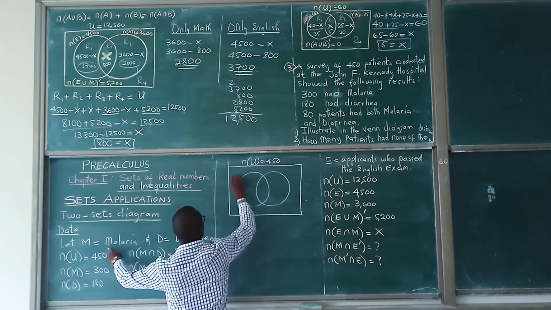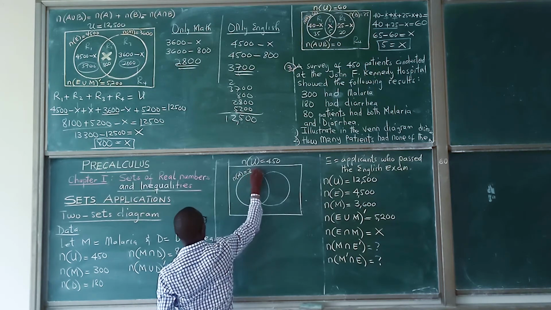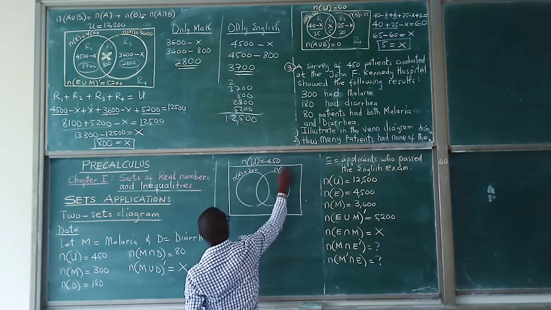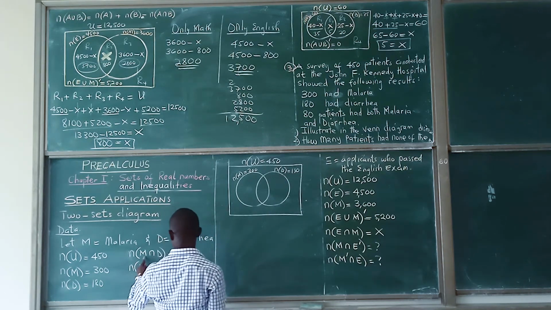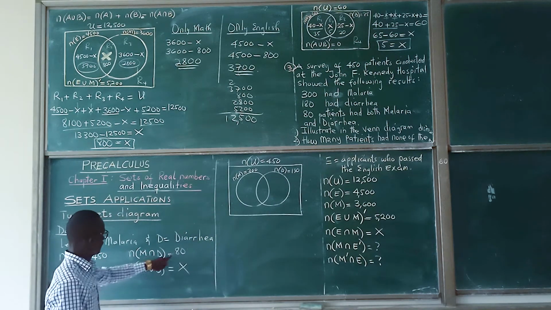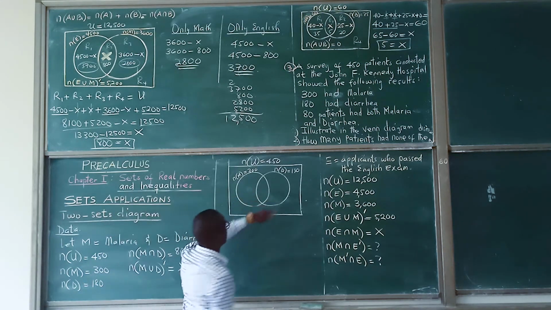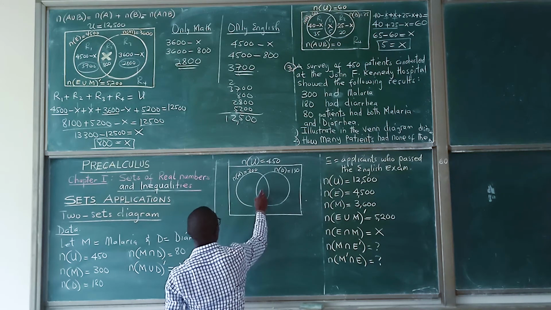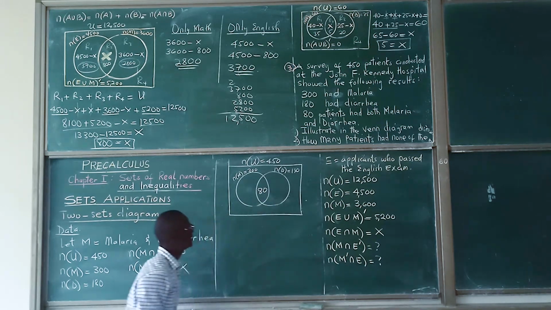Let this side equal malaria, which is 300, and let this side equal diarrhea, which is 180. And we also notice that 80 patients had both malaria and diarrhea. So 80 right in the center here.